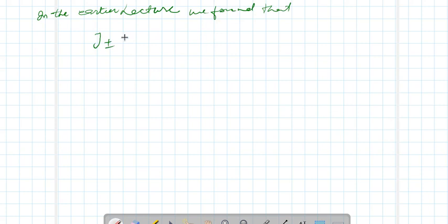In the earlier lecture, we found that J± |α,β⟩ = C_{α,β}^± |α,β±1⟩, and let me call it equation number 18.